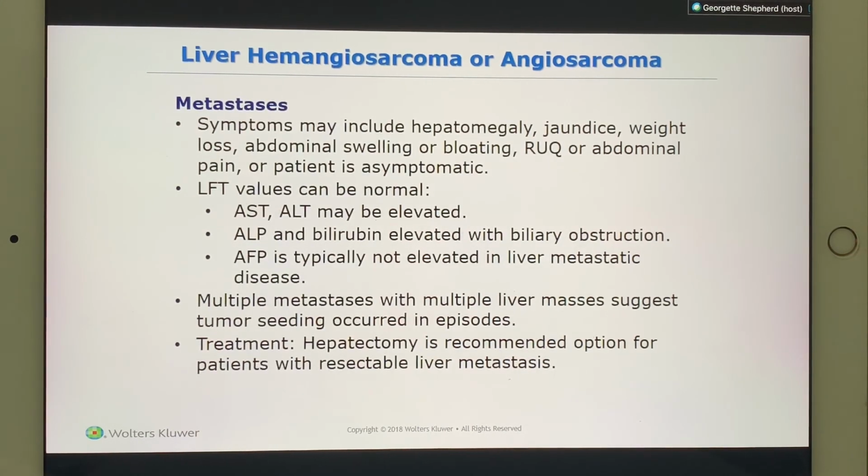The only difference is focal nodular hyperplasia is not always hyperechoic. But if you have a hemangioma, we mainly see those against the capsule because that's where they like to live. Sarcoma is malignant. HCC is malignant.